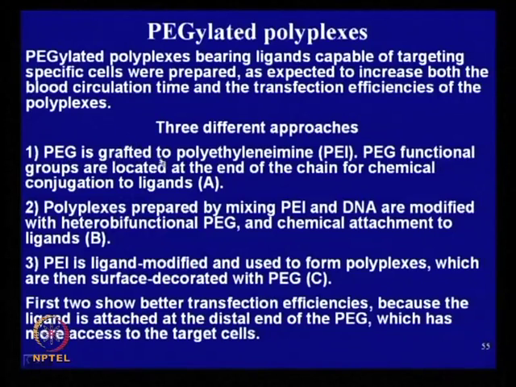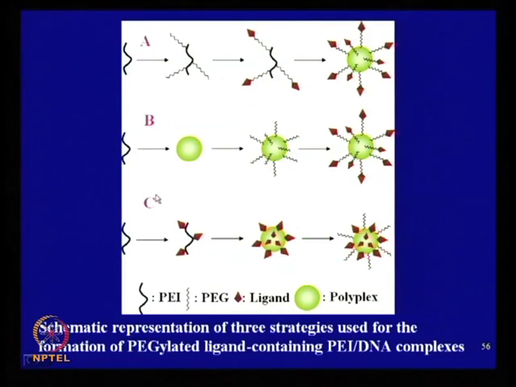PEG is grafted to polyethylene imine. PEG functional groups are located at the end of the chain for chemical conjugation to ligands. Polyethylene glycol has active sites to which these ligands are bound by chemical reaction, and to which DNA molecules are complexed.